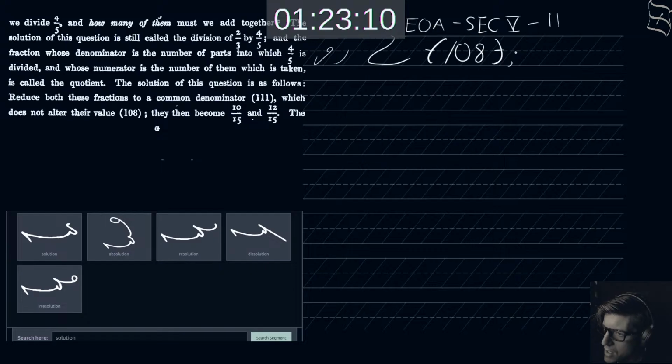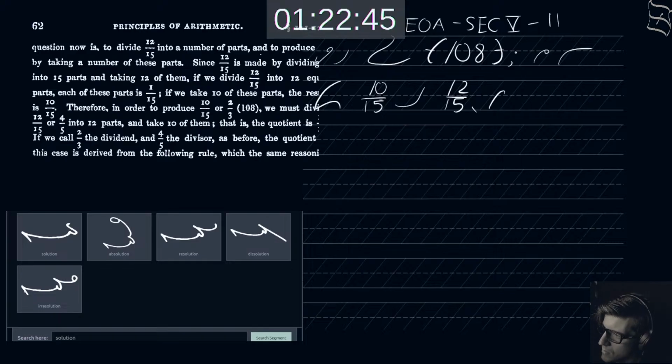They then become 10 over 15 and 12 over 15.